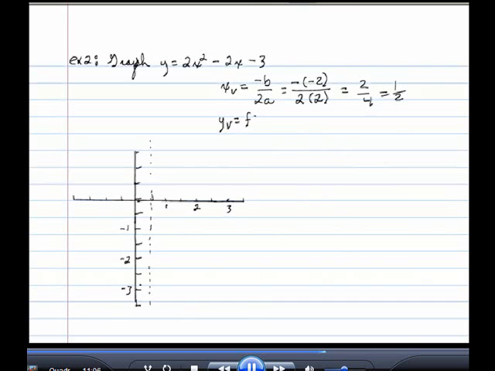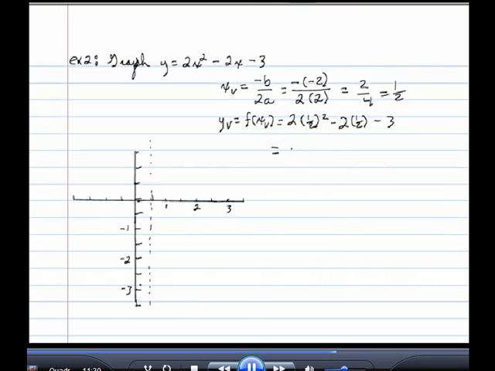And the y of the vertex is f of x of the vertex, and to find f of anything, you write f with empty holes: 2 empty hole squared minus 2 empty hole minus 3. That's writing it with empty holes, and now you put the 1/2 into the empty holes to find the y of the vertex.